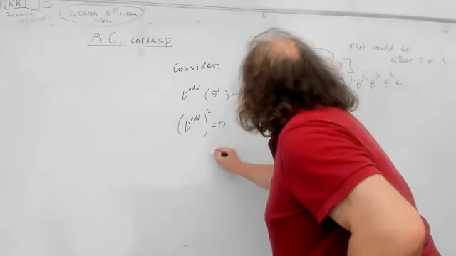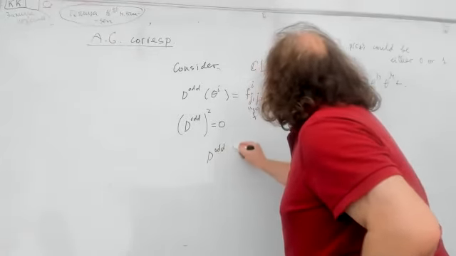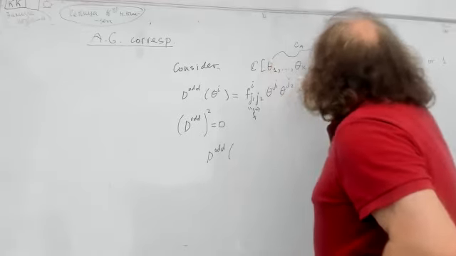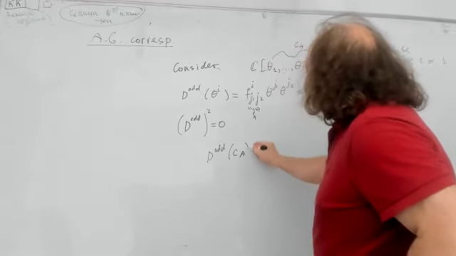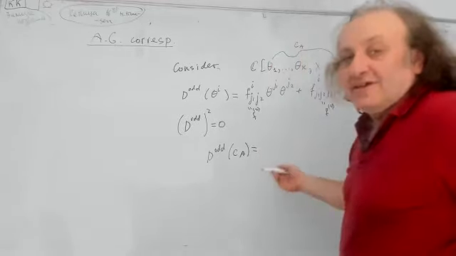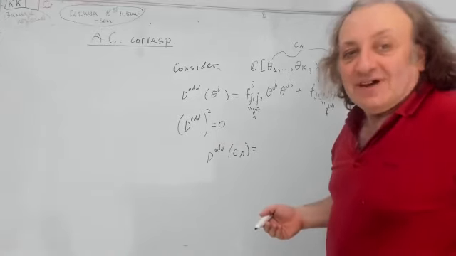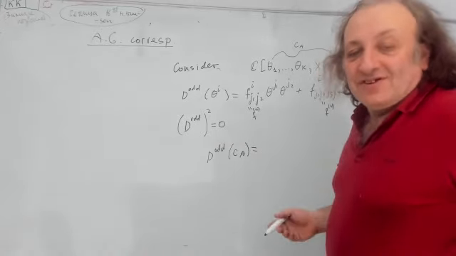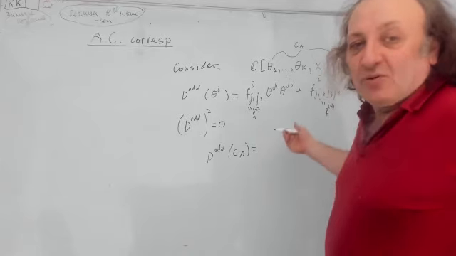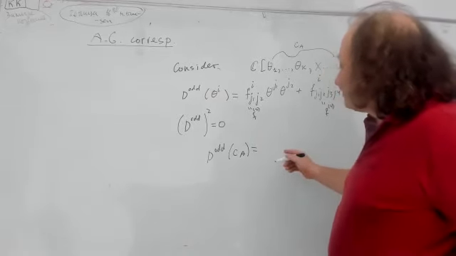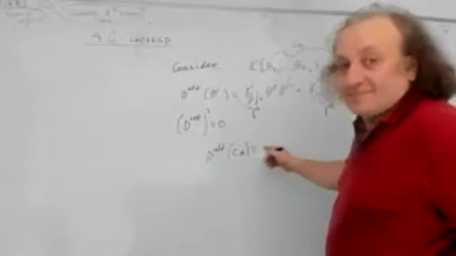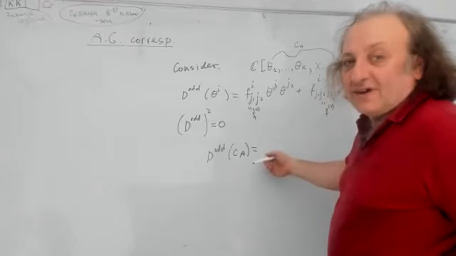Then I'll write D odd on CA would be, please, now Tim, just tell me what to write. How should I start this?